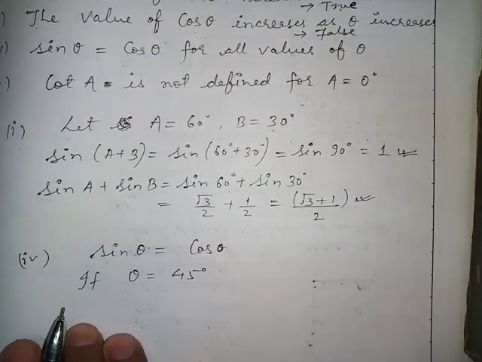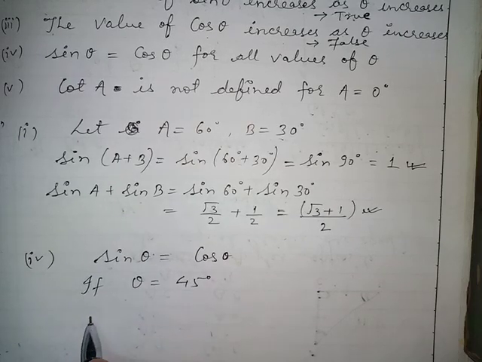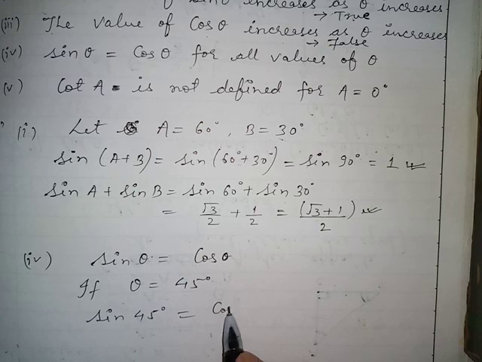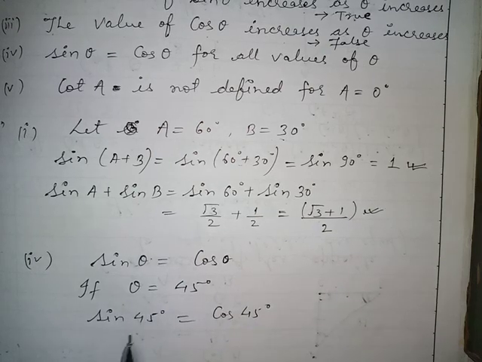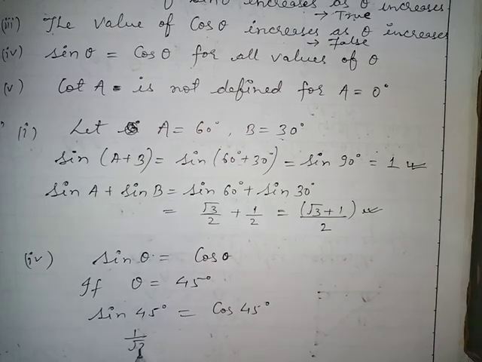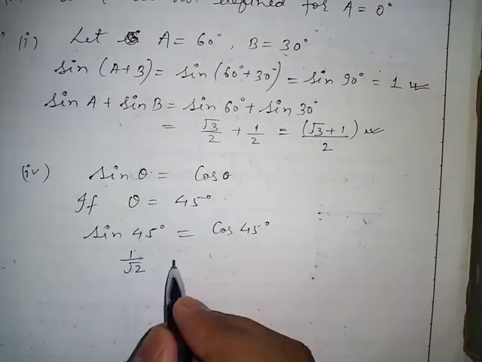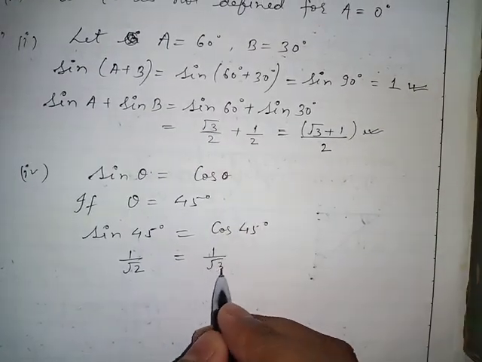If I take theta equal to 45 degrees, now check it, sine 45 degrees is equal to cos 45 degrees. Sine 45 is 1 upon root 2, and also cos 45 is 1 upon root 2.